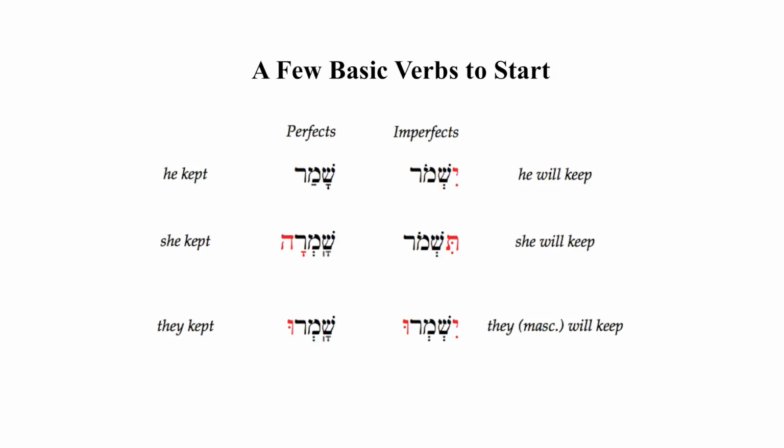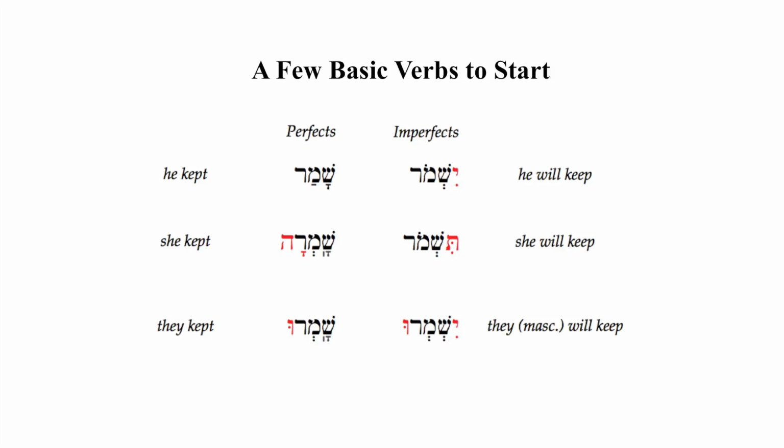Yishmor, the yod tells you it's masculine. So he will keep, or he is keeping, present or future. Tishmor, she is keeping, or she will keep. Now keep in mind that in Hebrew, gender does not necessarily indicate physical gender. So masculine and feminine can refer to objects. Okay?